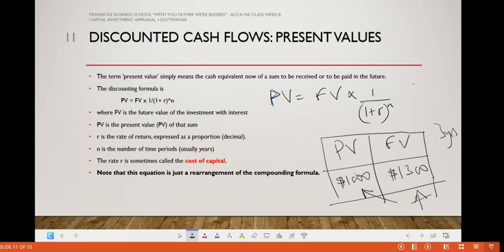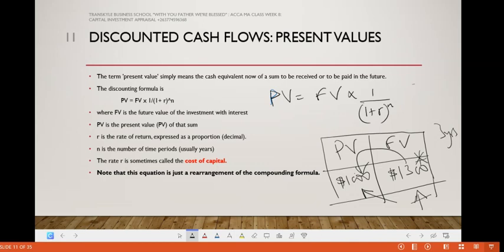Then the present value of this 1,300 is actually 1,000. The 1,300 we are going to receive tomorrow is actually 1,000 today after the influence of interest.